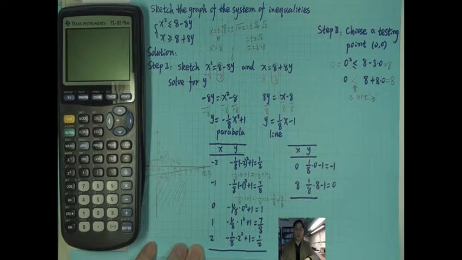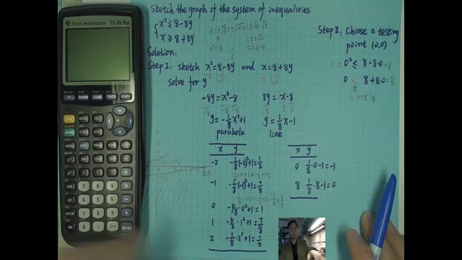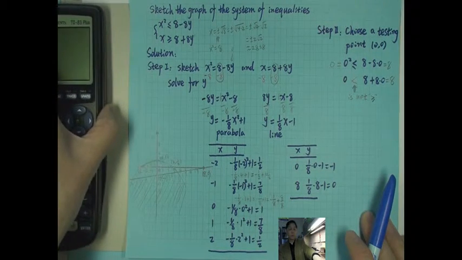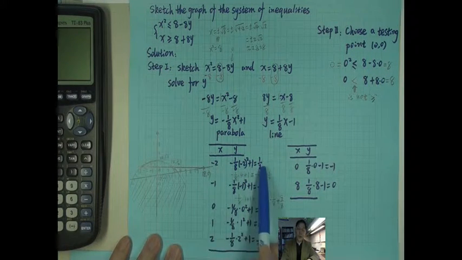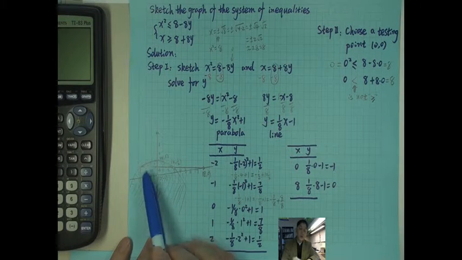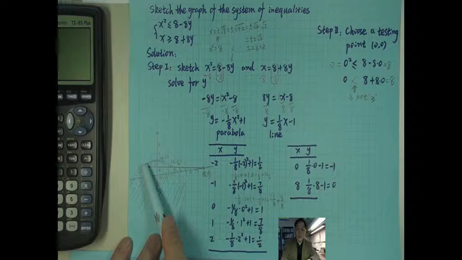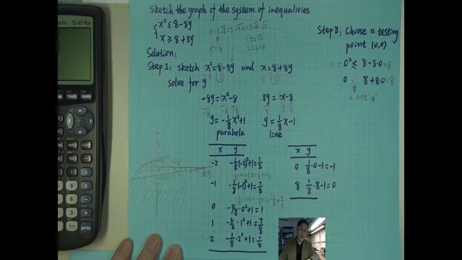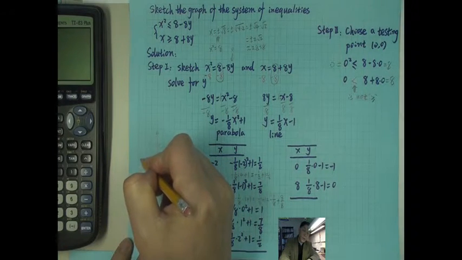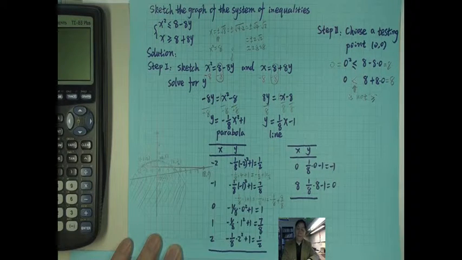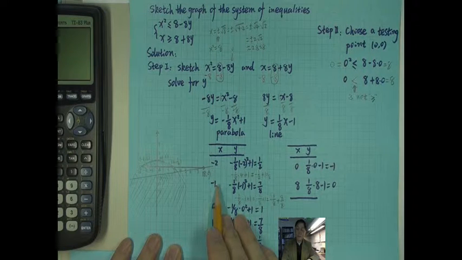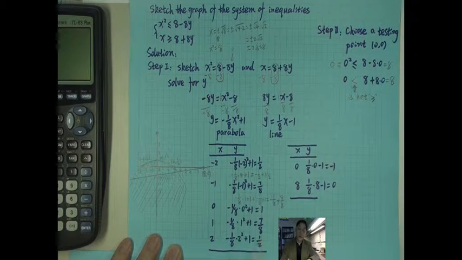So where are those 5 points? It's right here. -2, 1/2. X is -2, y is 1/2. So this point. Let me mark it. Then x is -1, y is 7/8, so that's 1/8 less than 1.